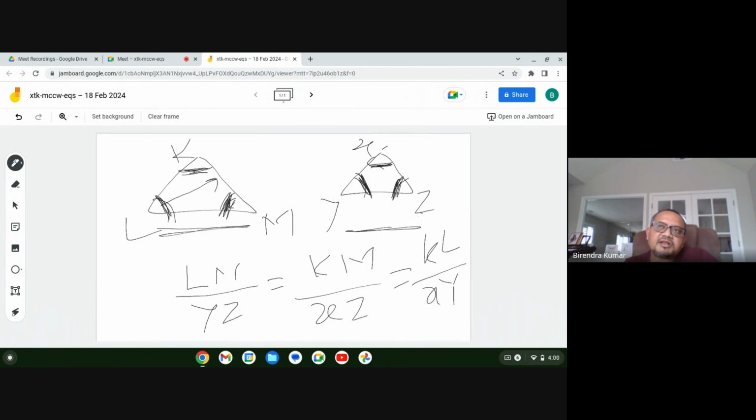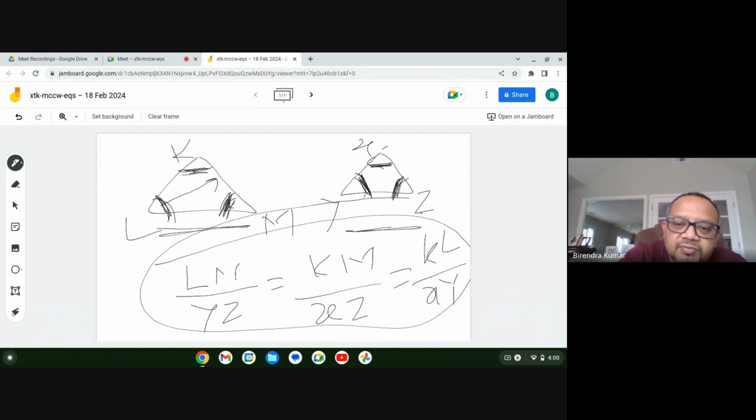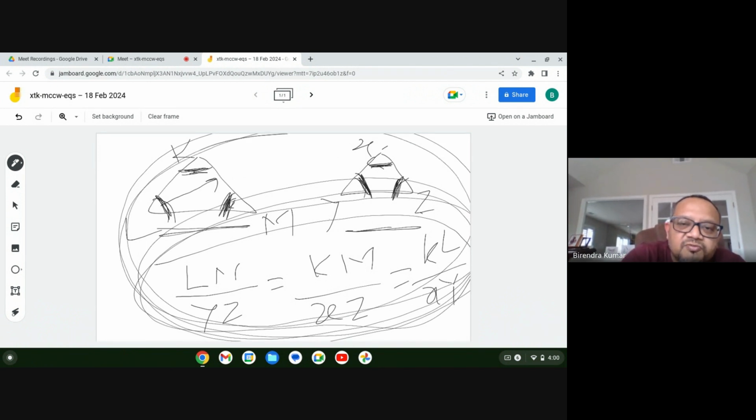Same way, here also it says that if there are two triangles which are similar, the sides opposite to the matching angles will be in the same proportion. That's what it is. So this is the property. This one you don't have to prove. This is for you to know. And we will use this understanding to prove how the Pythagorean theorem works.